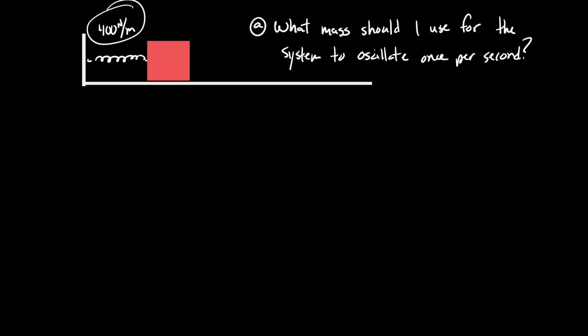So it doesn't matter really which one of them you use, but the answer is going to be 1. I used the period function, which is 2 pi over omega, or 2 pi times the square root of m over k. And it says once per second. So 1 second per oscillation.